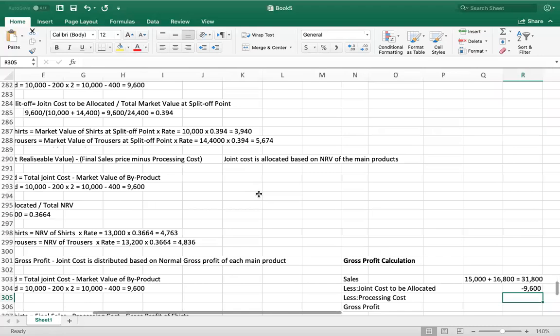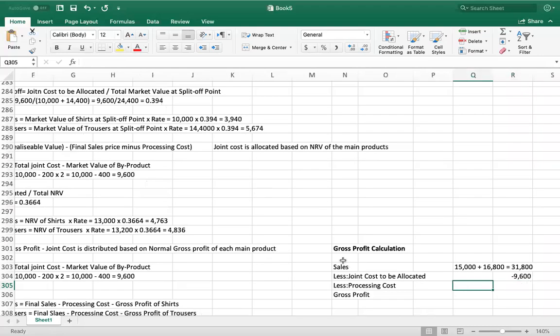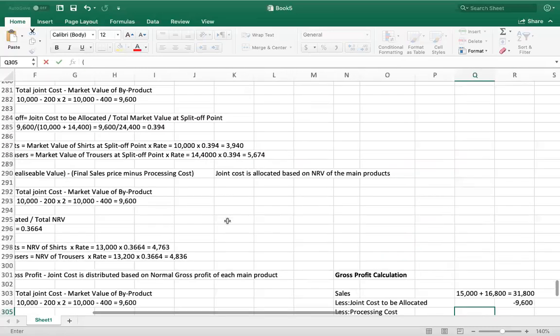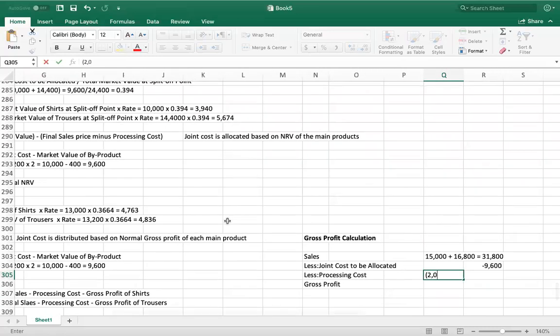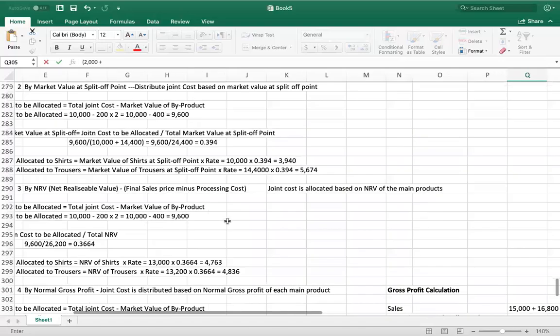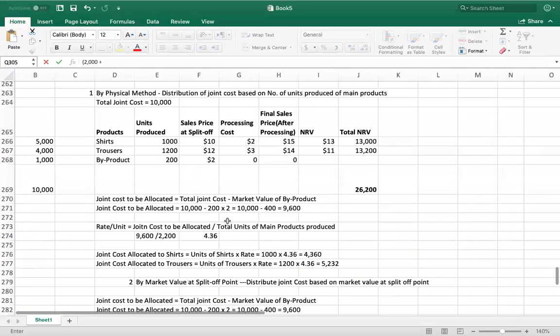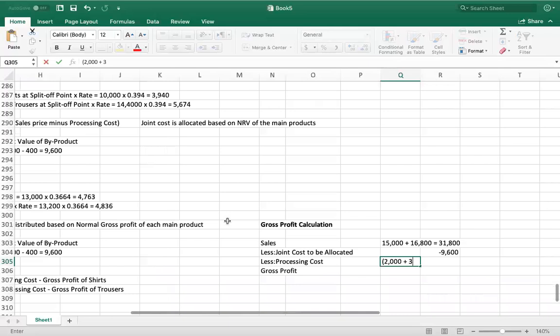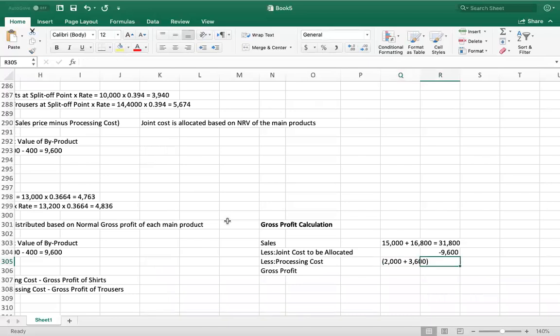So total processing cost will be how much? 2,000 plus 3,600. So how much do we have? 5,600. So this is minus.